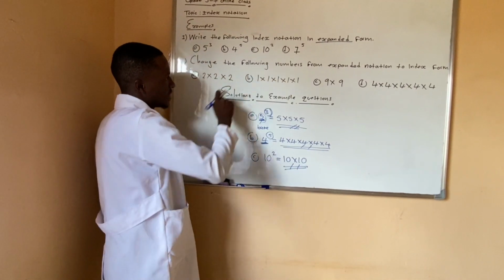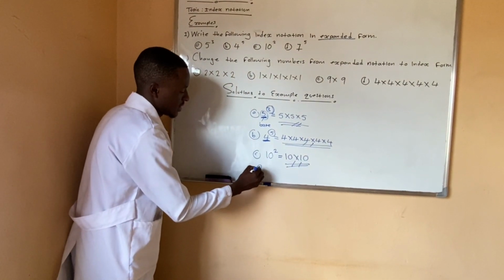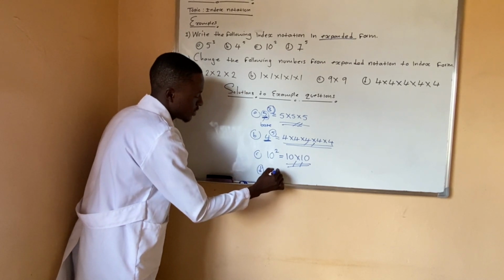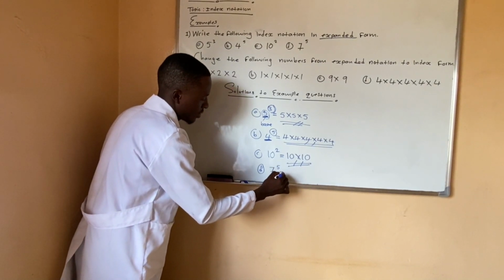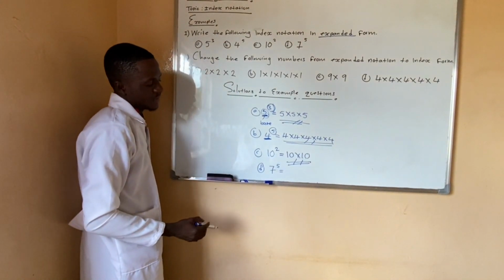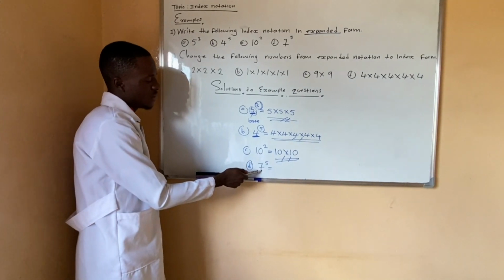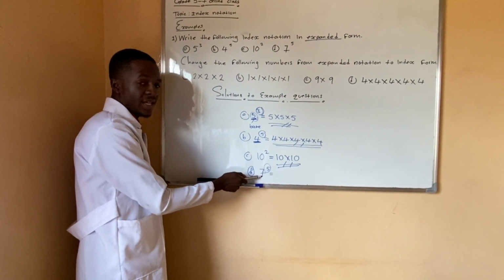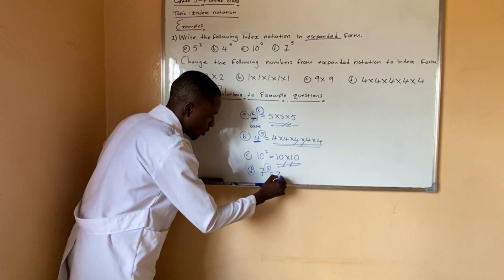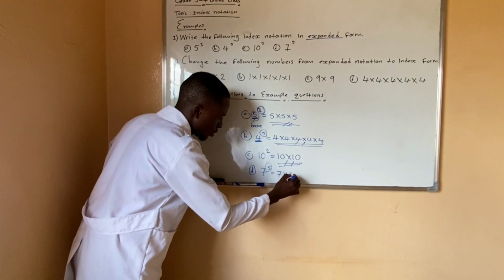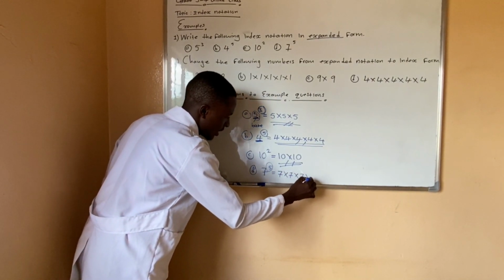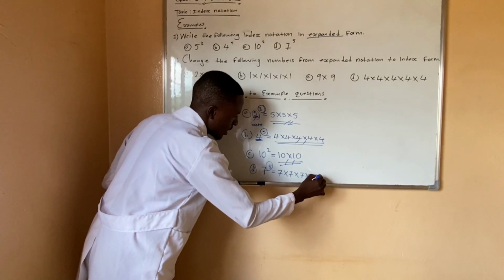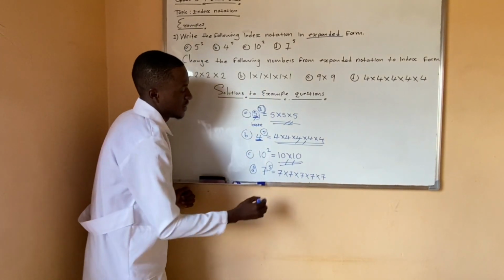We solve the last one. D. D is 7 to the power 5. What does it tell us? It simply means 7 will appear how many times? 5 times multiplied by itself. 1, 2, 3, 4, and 5.